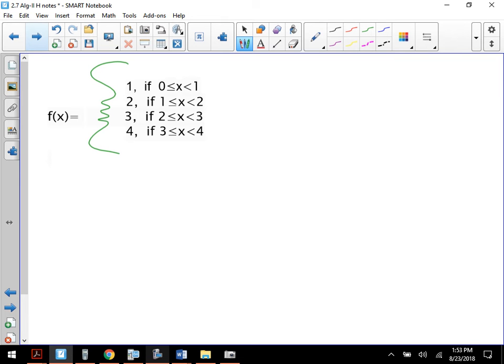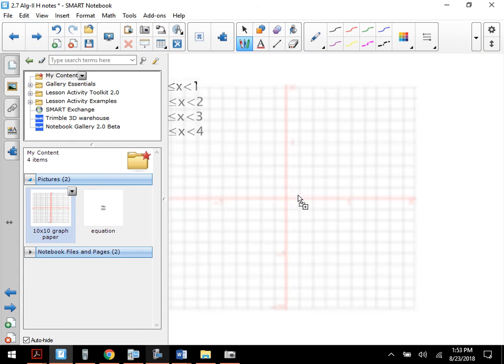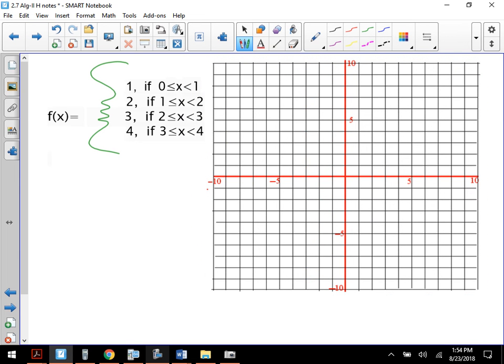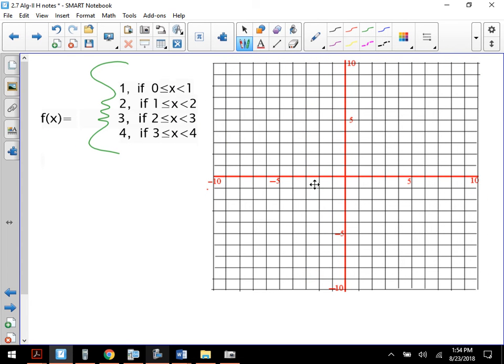So when you graph this, y equals 1, a horizontal line through 1. Where does it start, according to the domain? At 0. Is it an open or closed dot? Closed, because 0 is less than or equal to x, but x is less than 1.